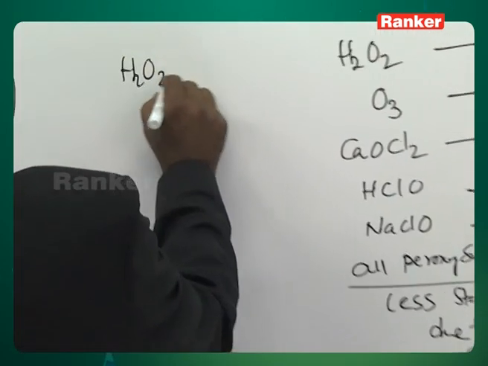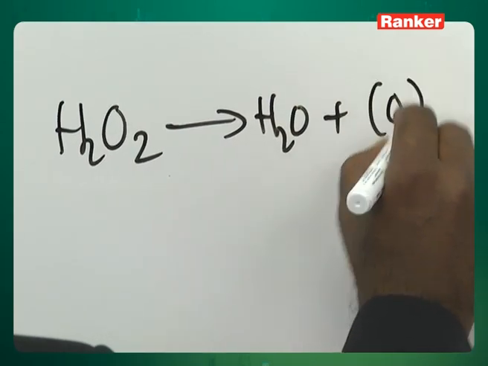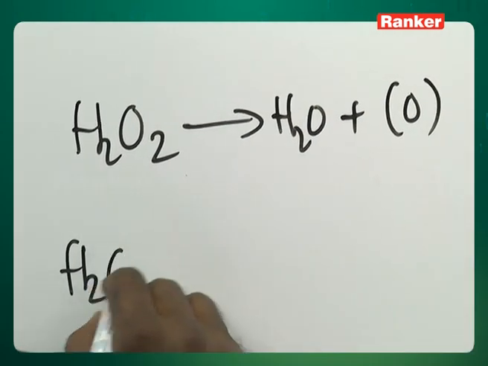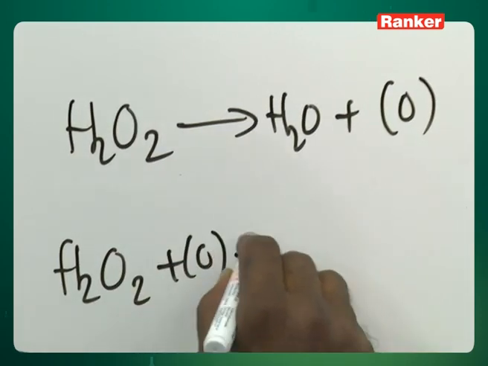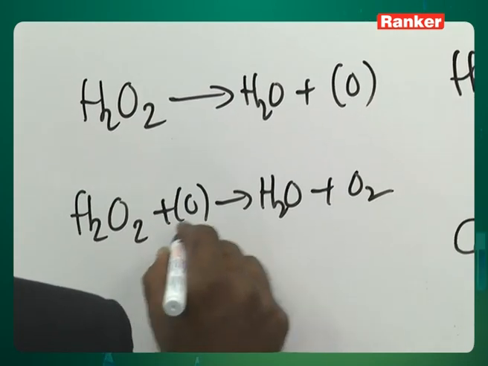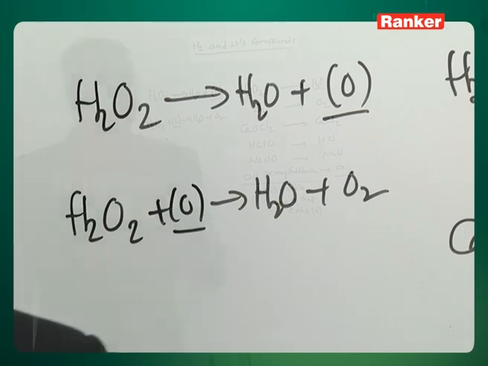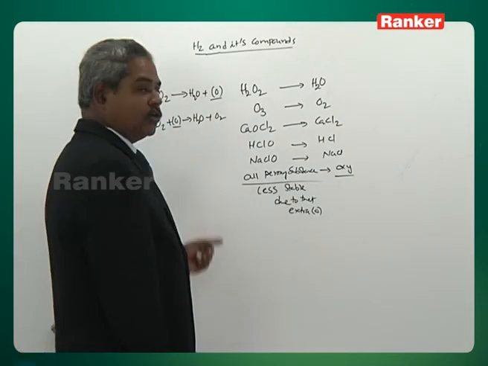H2O2 can give H2O plus O. If you give an oxygen atom, it will take it once again to become H2O and O2. So H2O2 is an oxidizing agent, is a reducing agent, gives oxygen, takes oxygen.